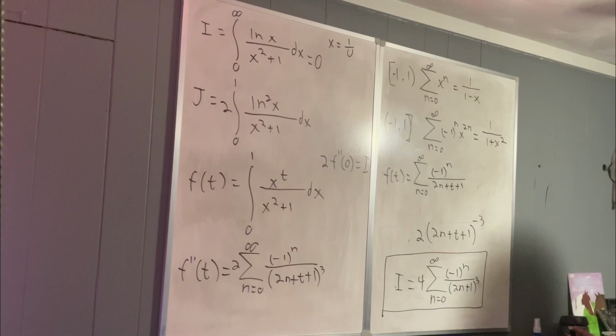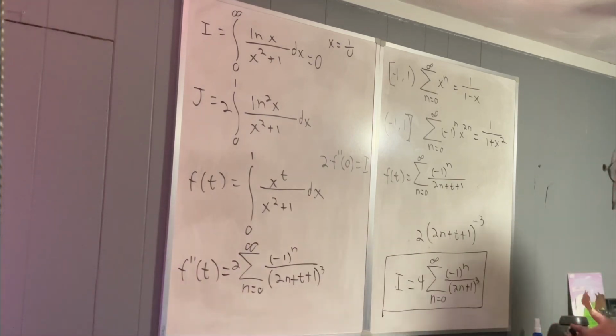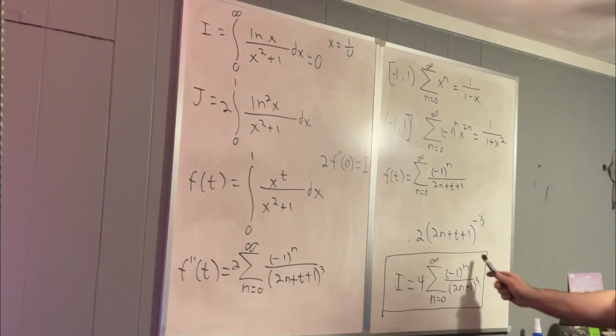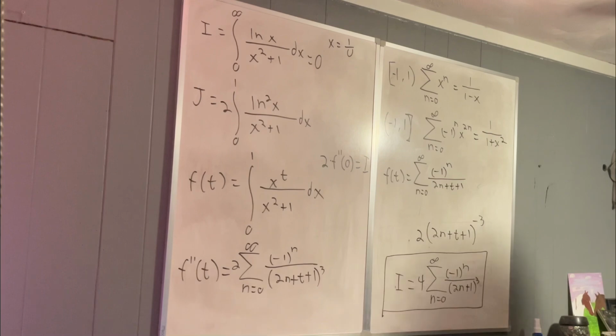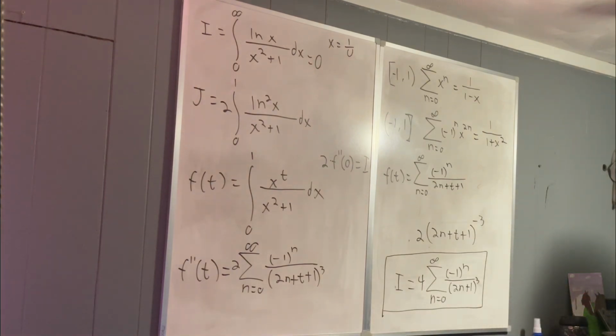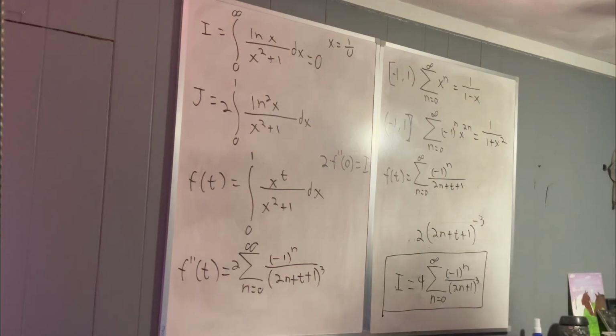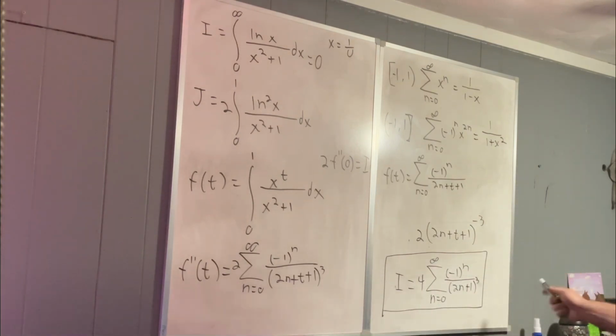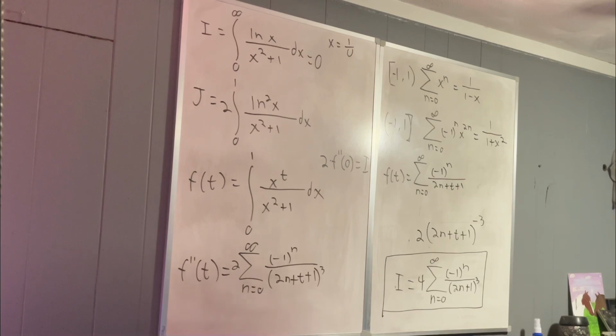If you're an engineer, you can approximate that function very, very closely by just taking the first 5 or so terms of this and adding them together, and you'll get an answer that is extremely close to what you need it to be. And for a lot of engineers, that's good enough. So this might actually be a better answer for an engineer.